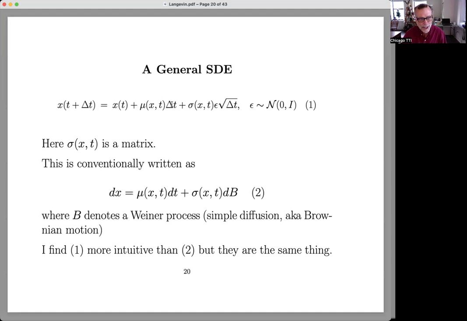So this is an ordinary differential equation. If it was just this, without the other term, you'd just be integrating an ordinary differential equation that says dx dt is equal to this mu term, the rate of change of x as a function of x and t.